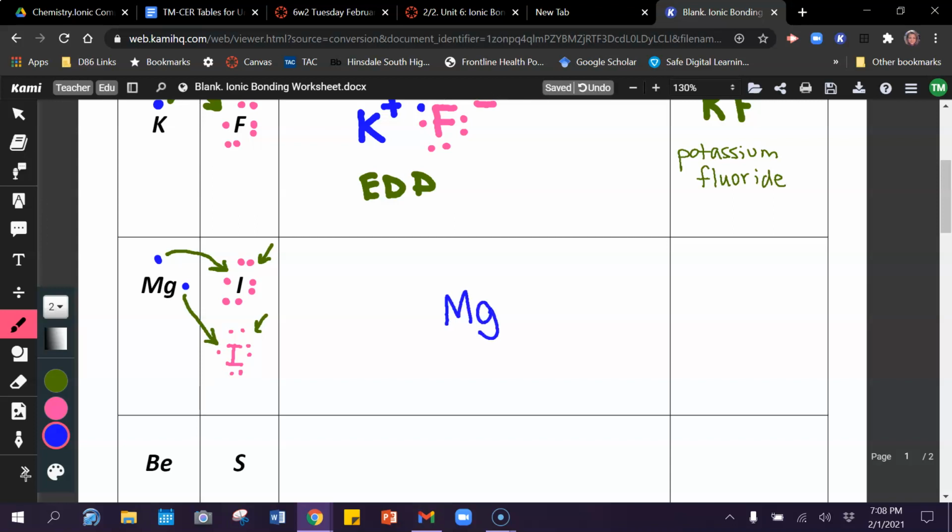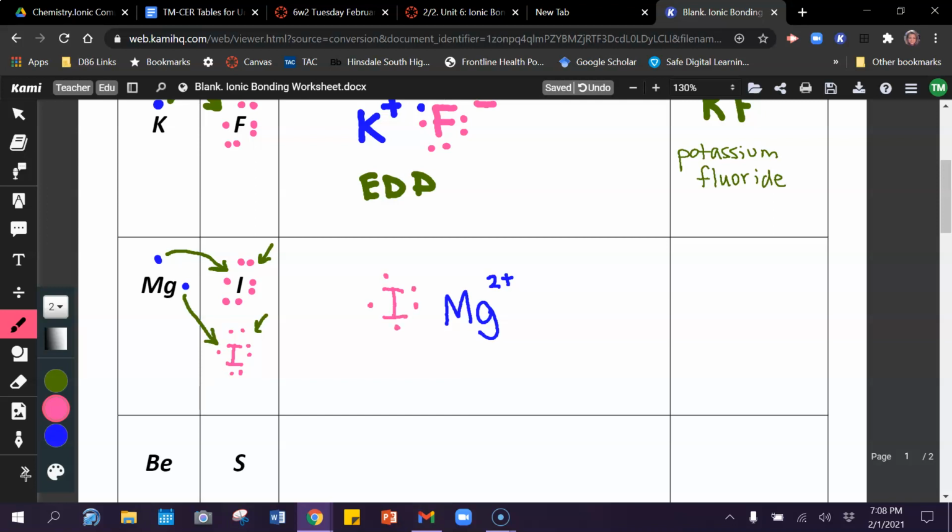And magnesium lost its 2 valence electrons, so it doesn't get any dots. But it does get a charge of 2+. Why 2+? Because it lost 2 negatively charged particles, so it lost 2 electrons. On either side of my magnesium, I'm going to draw my iodides.